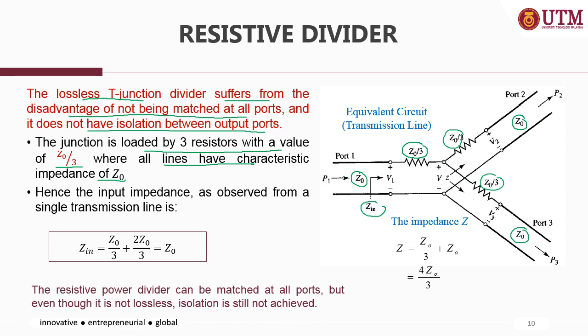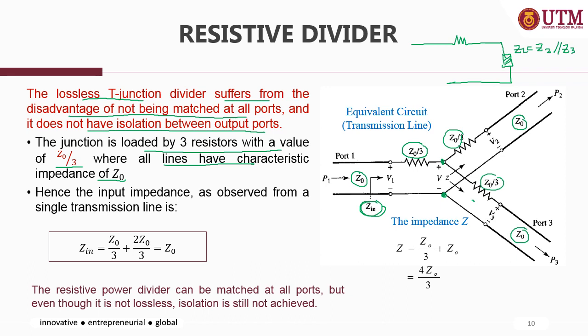For example, if you look at this point, Z1 from here, the Z load will be ZL2, Z from port 2 in parallel to Z at port 3. So at this point the Z load will be equal to the Z from port 2 in parallel to Z from port 3.